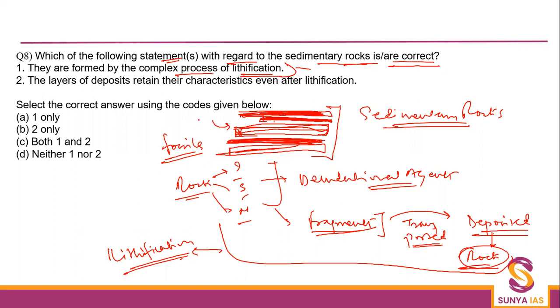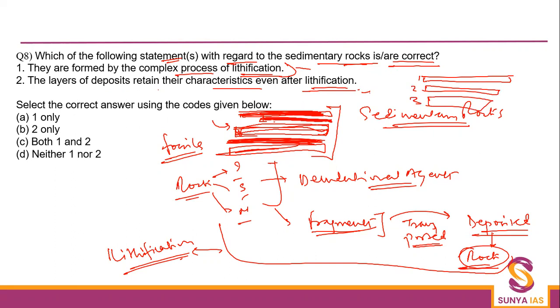What is the second statement? The layers of deposit retain their characteristics even after lithification. See, in many sedimentary rocks, it can be said that yes, the layers retain their characteristics even after lithification, and that is the reason we see different layers which have the same characteristics as the previous rock system. This is layer 1, this is layer 2, this is layer 3.